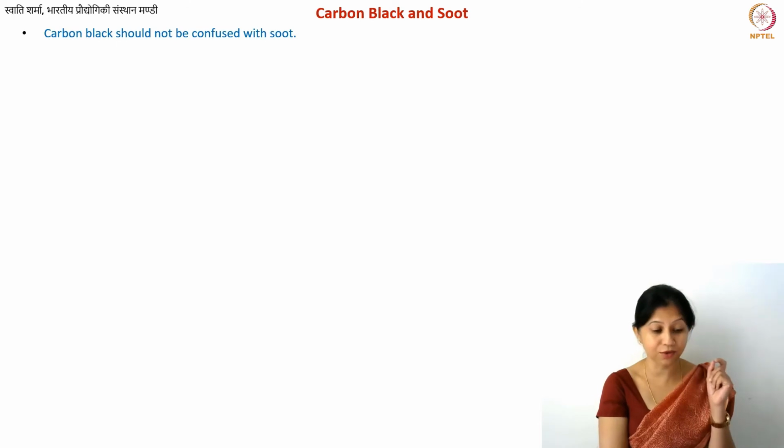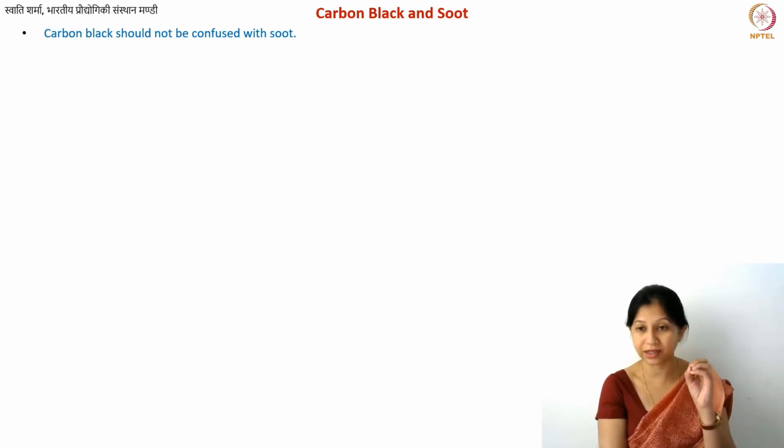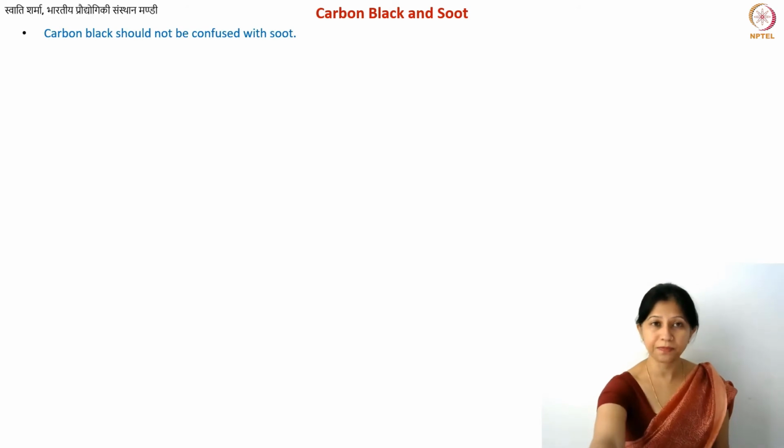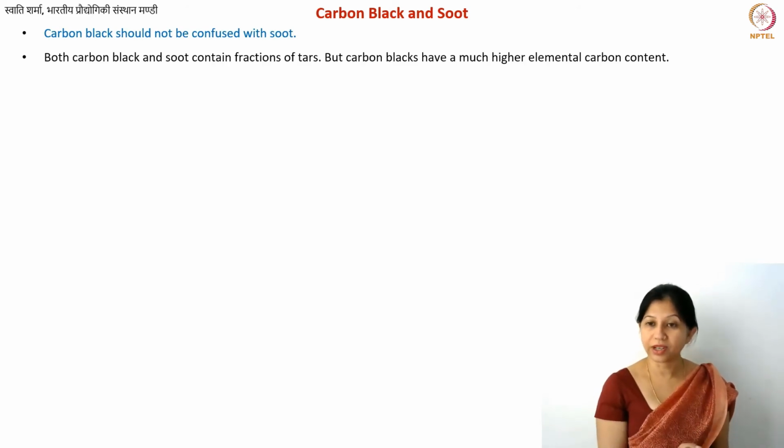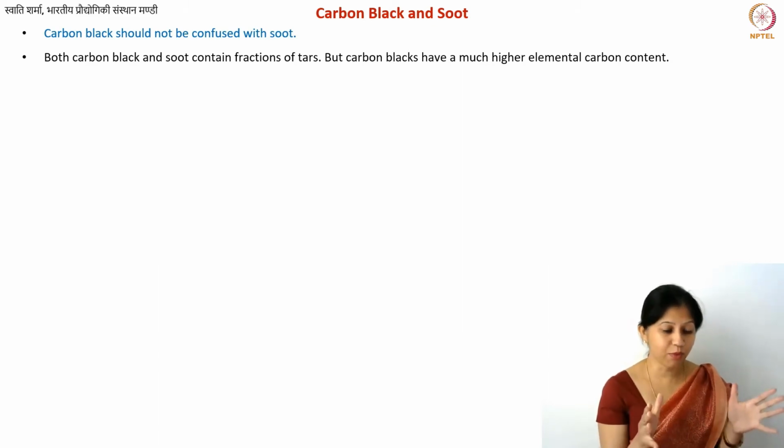The particles need to have a very well-defined size and geometry, and even the smaller particles, the nanoparticles that form these clusters, have a well-defined size. That is not the case with soot. So let's discuss what is soot and what is carbon black. Okay, so I mentioned that both carbon black and soot contain tars.